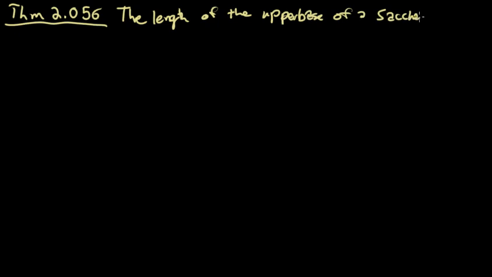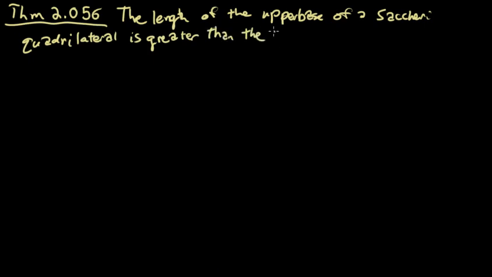It says that the length of the upper base of a Saccheri Quadrilateral is greater than the length of the lower base.